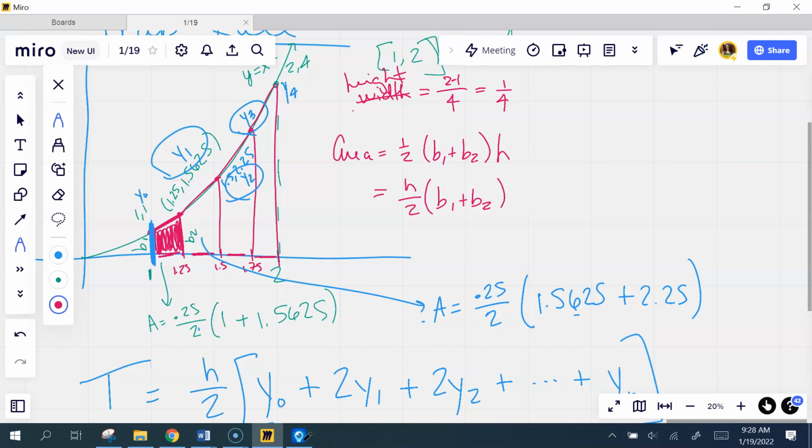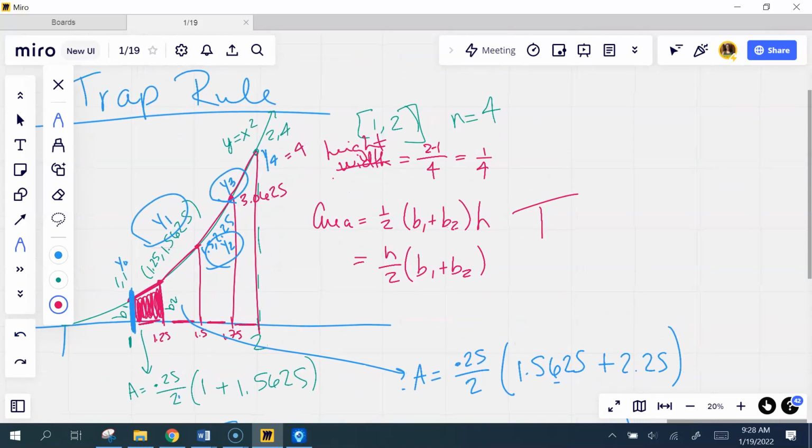What was y sub 3 here? 3.0625. And then this would be 4. You can make it a fraction. Either or. Trapezoidal area within subintervals would be here, or actually, we're doing the trapezoidal area with, how many subintervals did we say? 4?